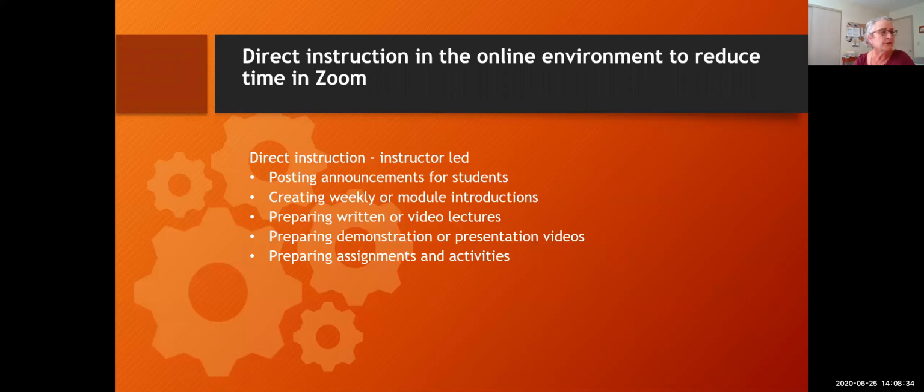So direct instruction for an online environment looks like posting announcements for students in the Sakai course, creating those weekly or module introductions in Sakai, preparing written or video lectures, again, in Sakai, not necessarily doing it in the Zoom meetings. Preparing any demonstration or presentation videos, and preparing any assignments and activities.